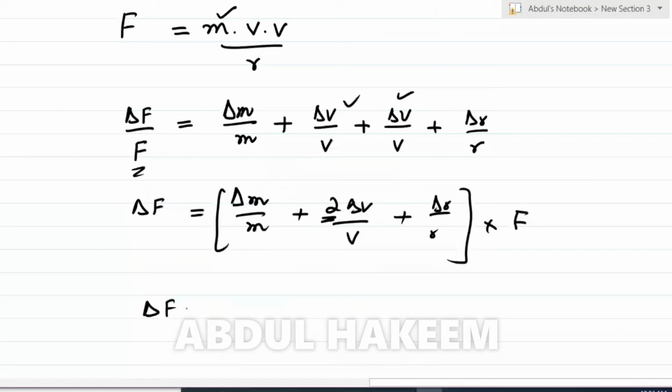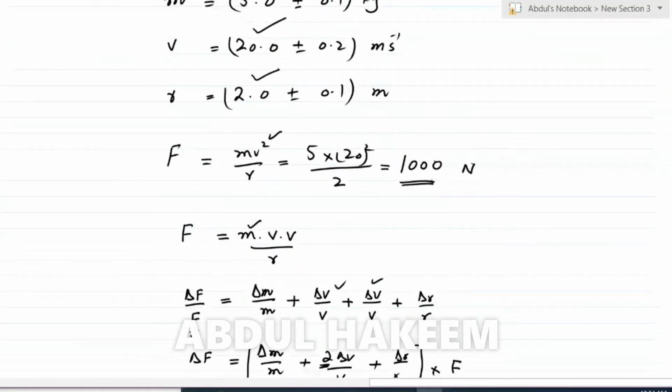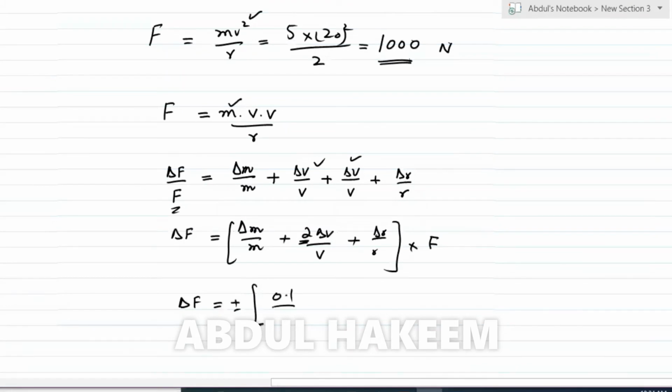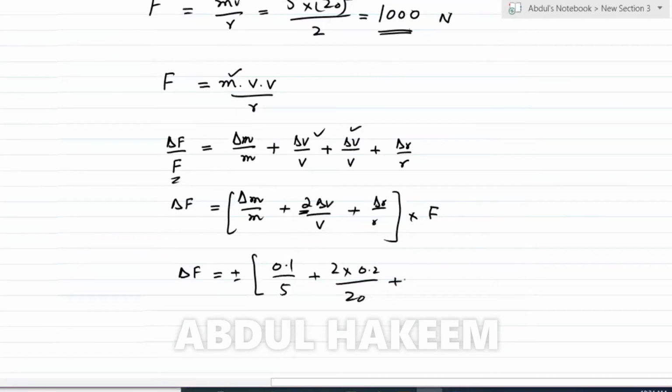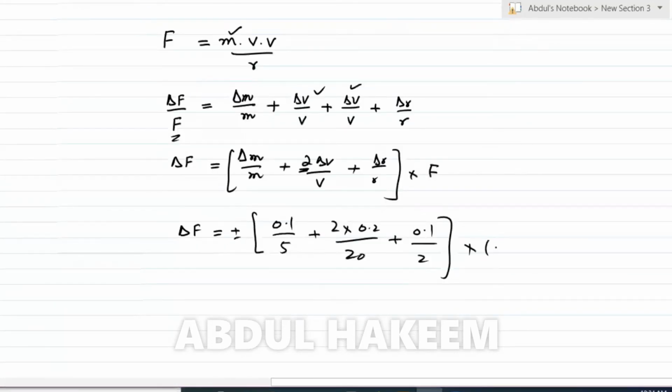Delta F, it will be plus minus uncertainty, plus minus delta M over M. So delta M is 0.1 and its mass is 5. 2 times delta V, 0.2, divided by 20, plus delta R over R, it is 0.1 divided by 2, and multiply by F, calculated 1000.